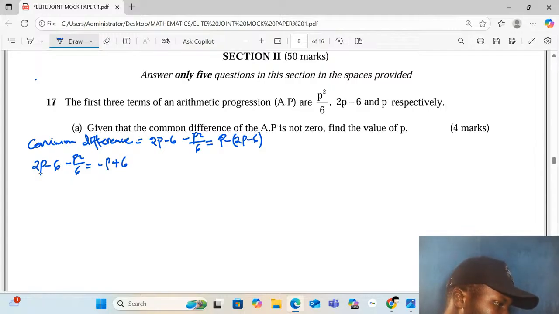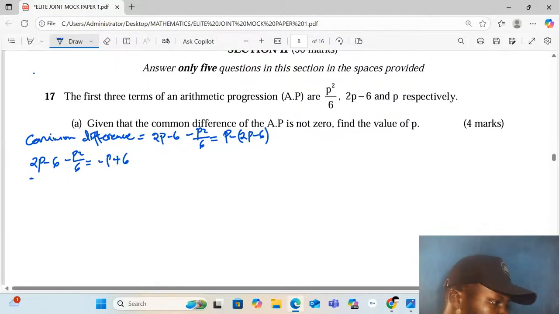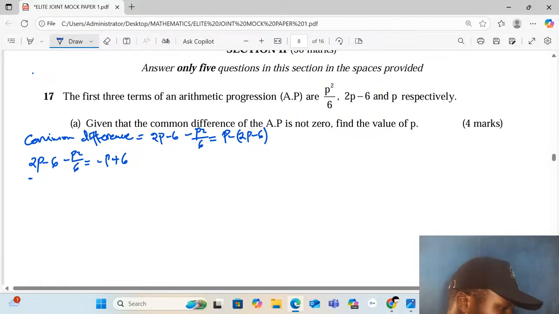Then we continue with the same, so that we have 12p minus 36 minus p squared equals to negative 6p plus 36.